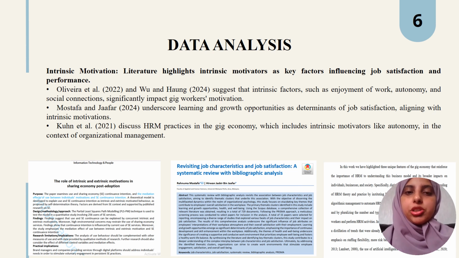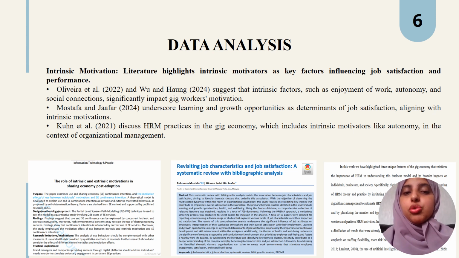Now I'm talking about my sixth slide, which is data analysis. In intrinsic motivation, literature highlights intrinsic motivators as key factors influencing job satisfaction and performance. Oliveira et al. 2022 and Wahoo and Hong 2024 suggest that intrinsic factors such as enjoyment of work, autonomy, and social connection significantly impact gig workers' motivation.